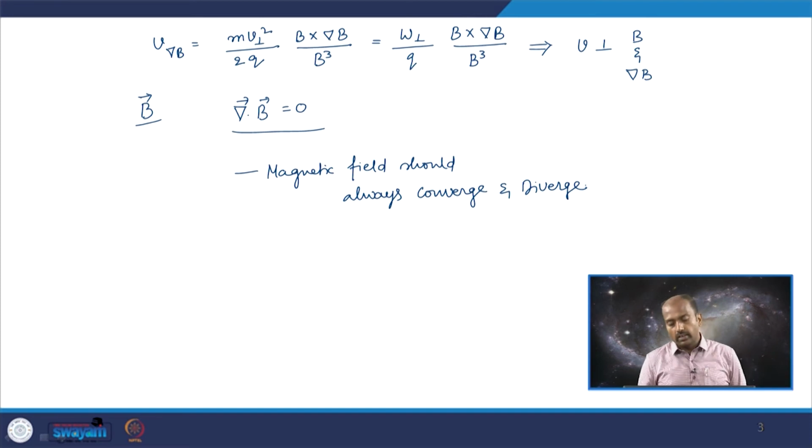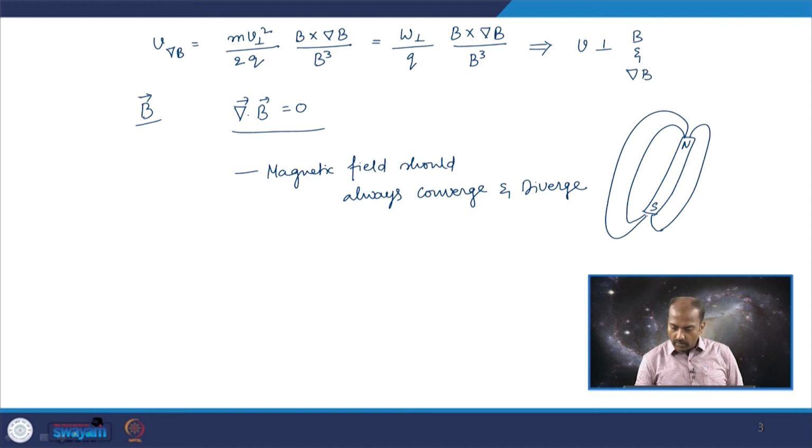If you take a simple bar magnet, let us say this is north and this is south, right, you will always see that the magnetic field lines look like this for a bar magnet. One thing you notice is that the magnetic field lines are converging and diverging at the poles.